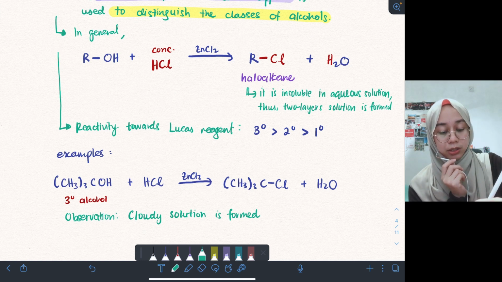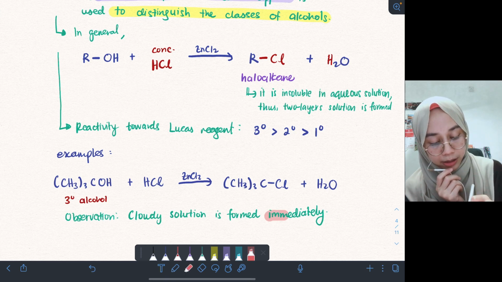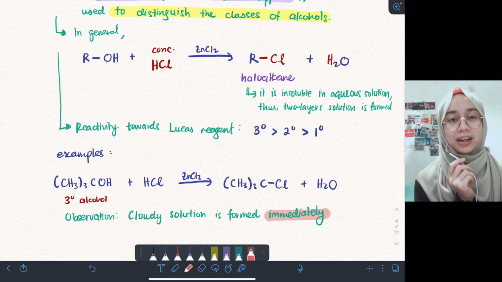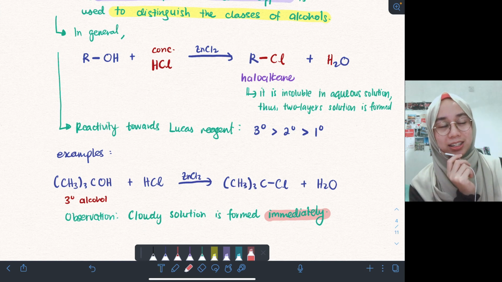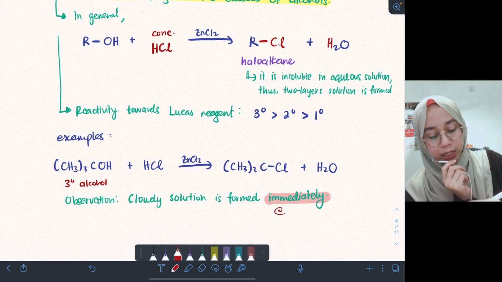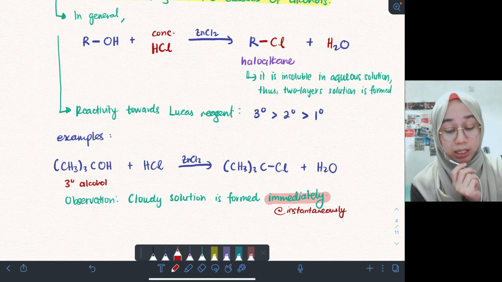So dekat sini in terms of time dia, yang immediate ni lah, dia terus berubah. Okay, instantaneously. That is the other perkataan yang boleh diguna juga. Mesti tulis. Takut nanti kalau dalam soalan yang guna instantaneously ni, takut kamu tak familiar pula. Instantaneously, maksudnya samalah immediately juga sebenarnya.